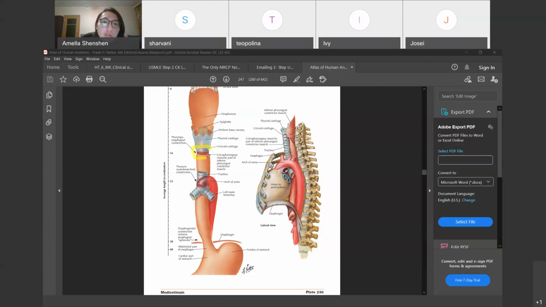This is the upper sphincter over here. It's a group of muscles together, including the cricopharyngeal muscle, part of the inferior pharyngeal constrictor muscle. This is the upper esophageal sphincter, and here is your lower esophageal sphincter, over here, the diaphragmatic constriction.